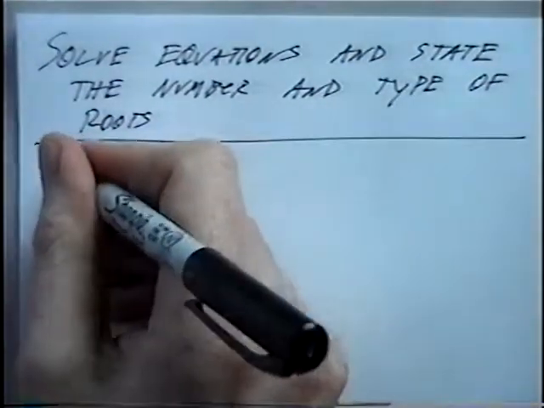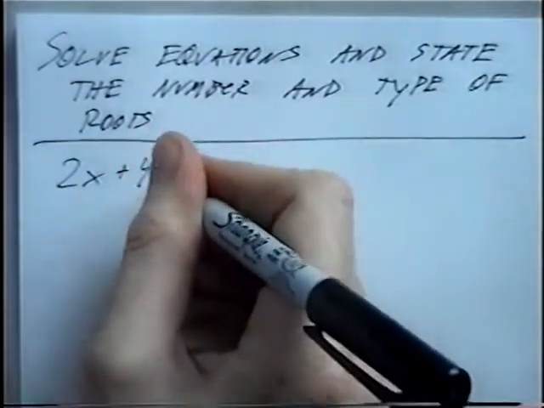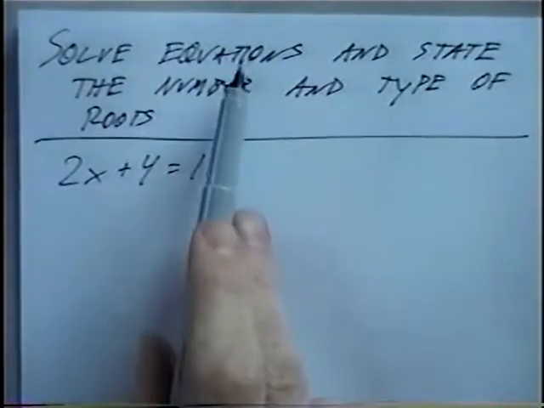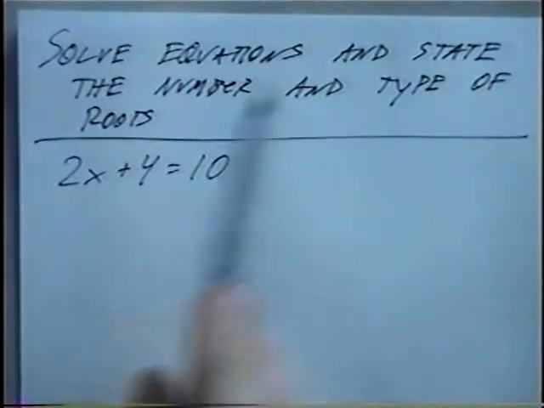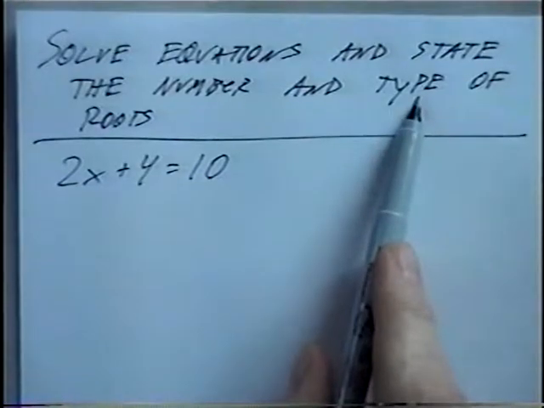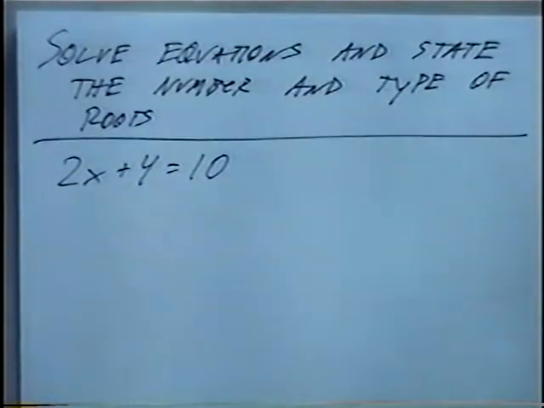First question is 2x plus 4 equals 10. For each of these questions, we will solve and find the answers, and then we'll state how many answers there are and what type of roots, either real or imaginary.